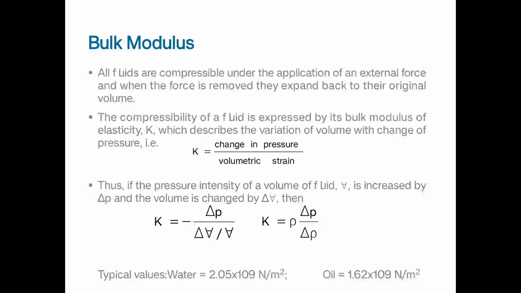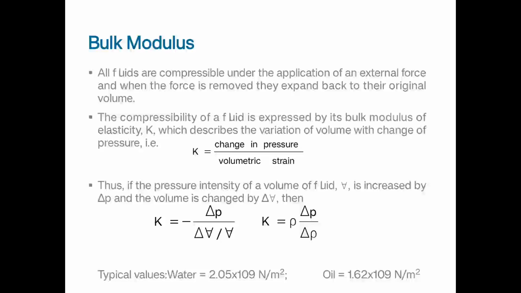That's why if you look into the bulk modulus K, it holds the units and dimensions of the pressure or the stress that is being applied on a fluid to measure its compressibility. That's what the equation also represents. Got it?